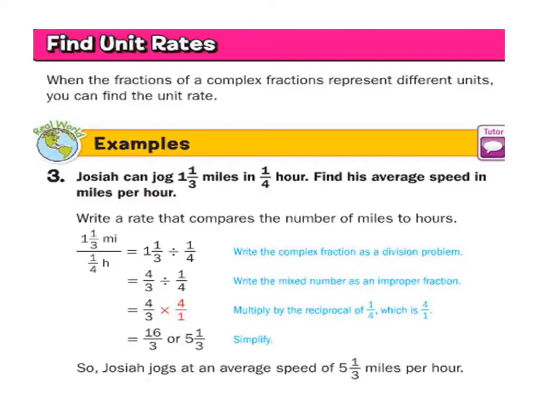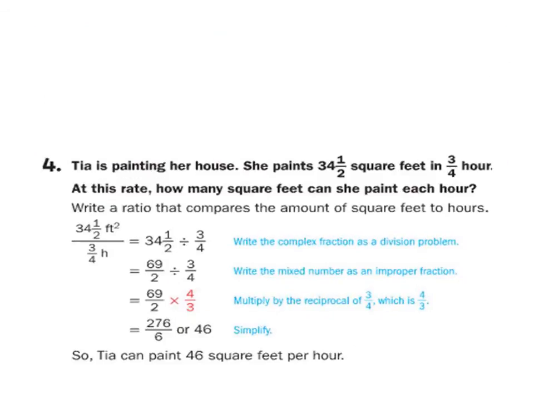Here is an example. So again, it wants it in miles per hour. So you're just going to take the miles, divide it by the hours. It's a complex fraction. Bam. Also, once again, do not use mixed numbers. So, here we go. Again, you're just dividing in square feet per hour. So this divided by this, 46. 46 square feet per hour.